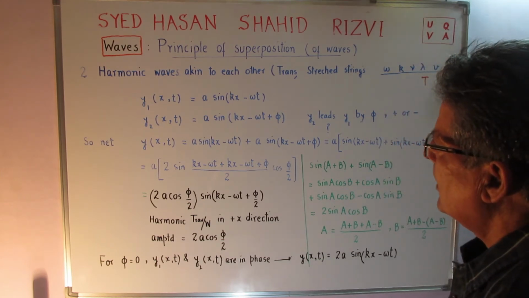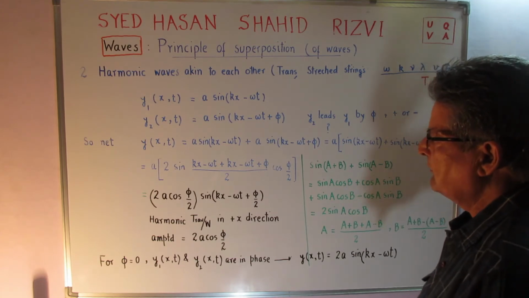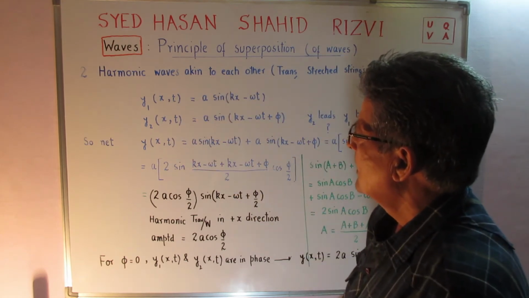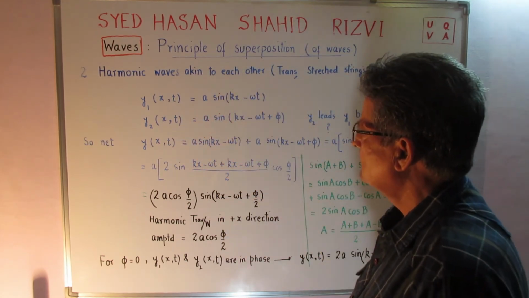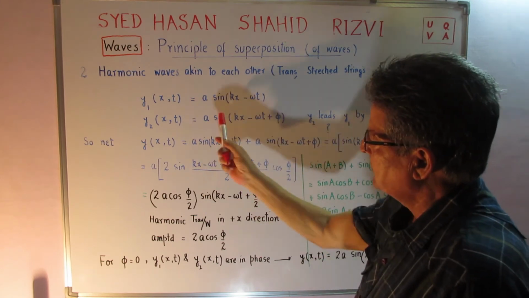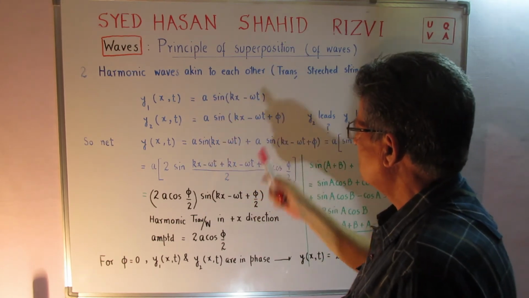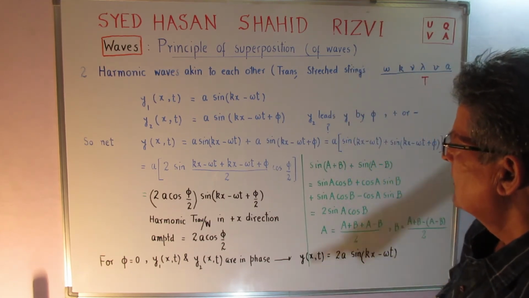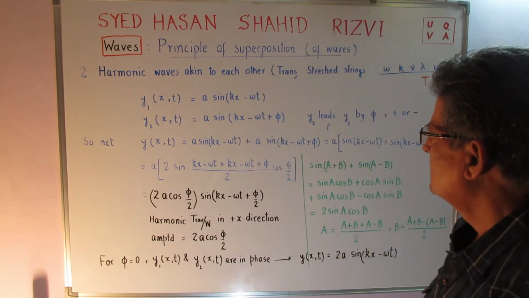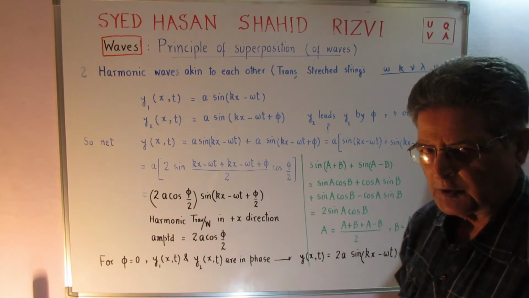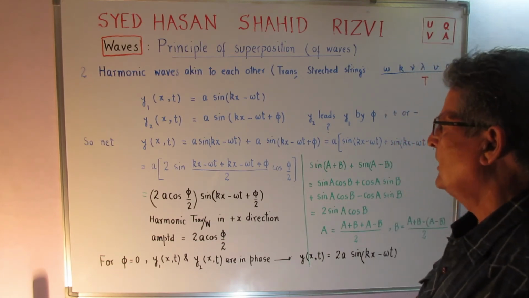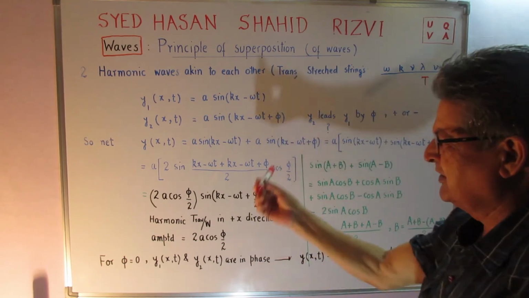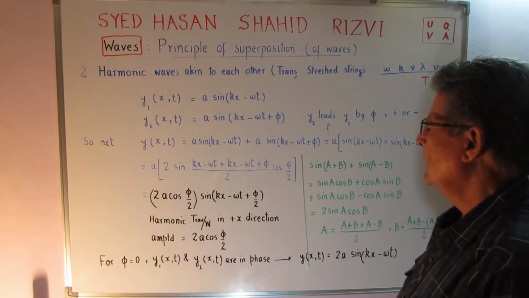Now mathematically we define these two harmonic waves as y1 and y2 respectively. y1(x, t) is equal to a sine of this, and y2 is a sine of this, where an additional phi is there. That means this y2 leads y1 by phi if it is positive, and it lags behind this one if it is negative. So this thing you are very well versed in by this time.